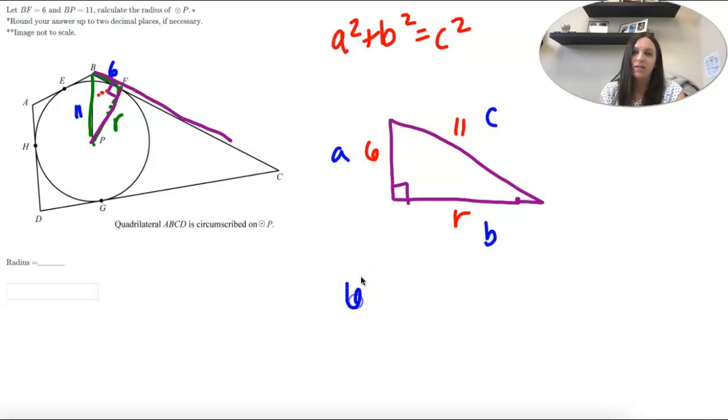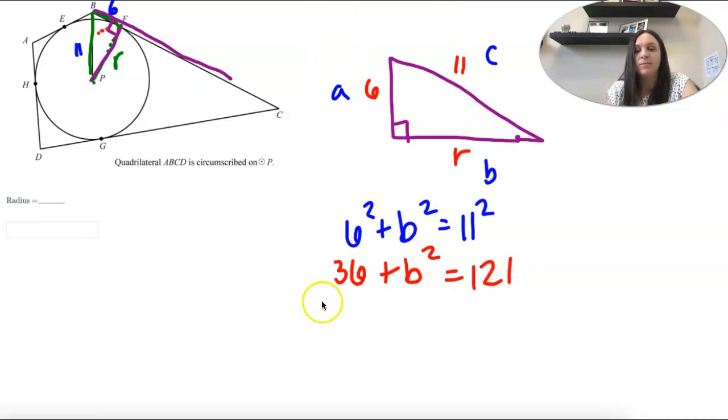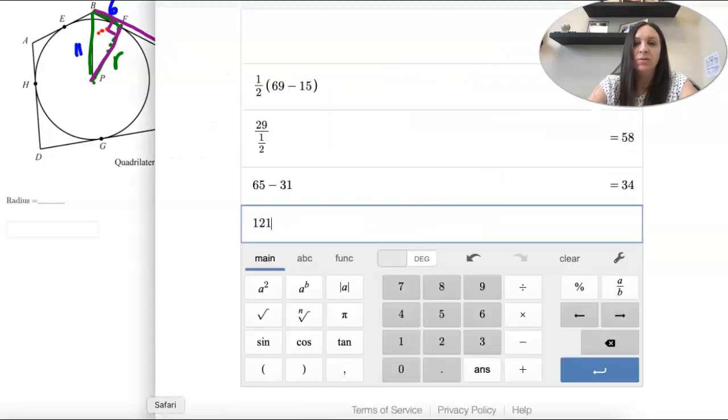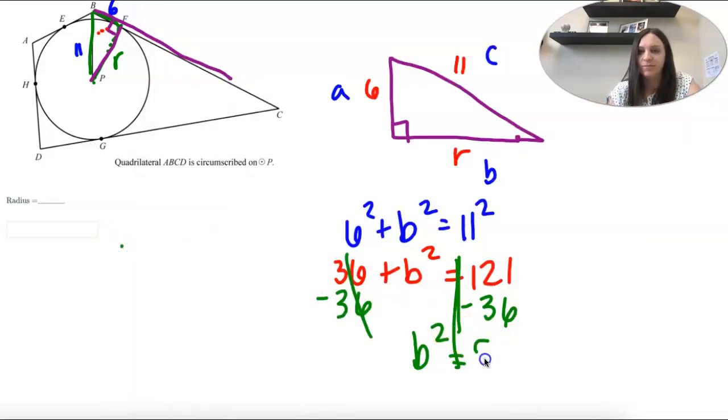So A, 6 squared plus B squared equals 11 squared. 36 plus B squared equals 121. Now I want to get B by itself. So I'm adding B, so I'm going to subtract 36 from both sides. B squared equals 121 minus 36 is 85.